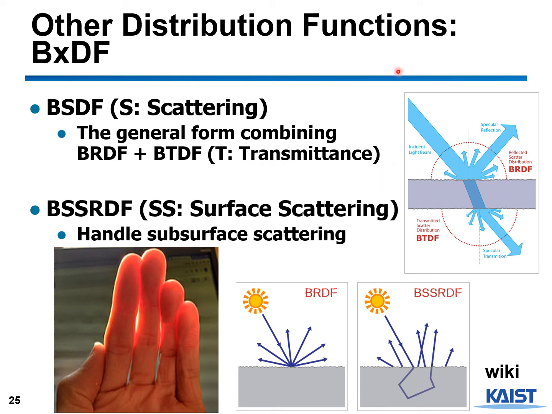If we receive energy from here to there, the hair strand also reflects energy to there, so that is BRDF. But this hair strand is also transparent, so it sums up the energy passing through the hair and also exiting in that direction. That's why passing through the hair strand is the BTDF.